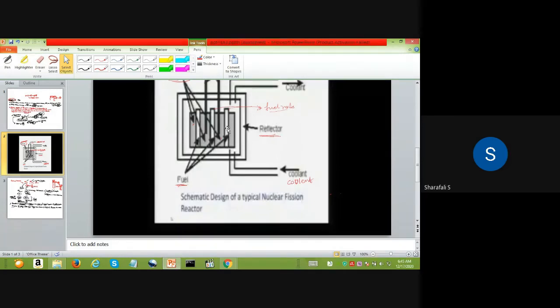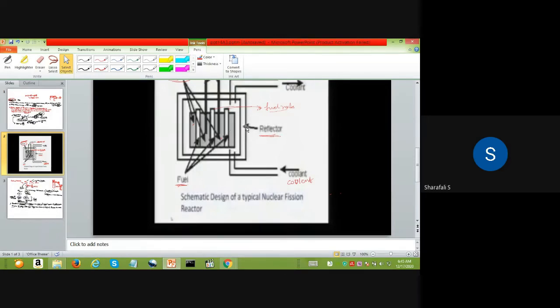This process continues. So this is the function of the moderators. Moderators control the energy of neutrons coming out from the fission reaction, and that will be used for the next stage of nuclear fission reaction.